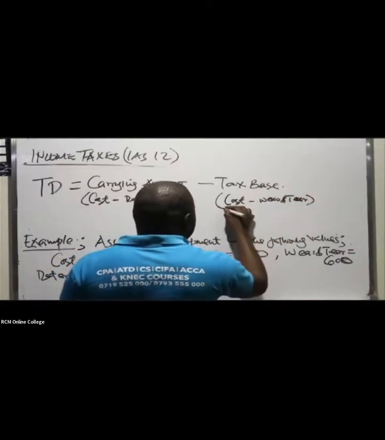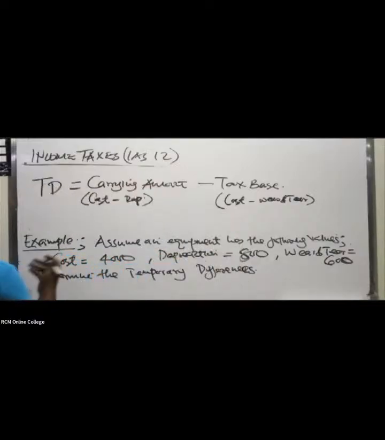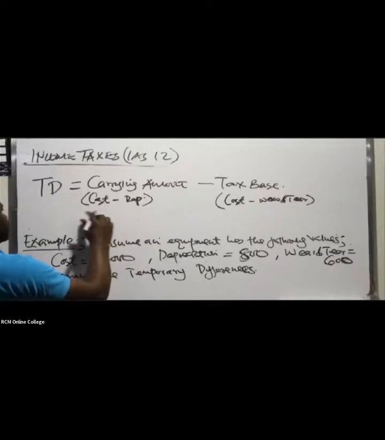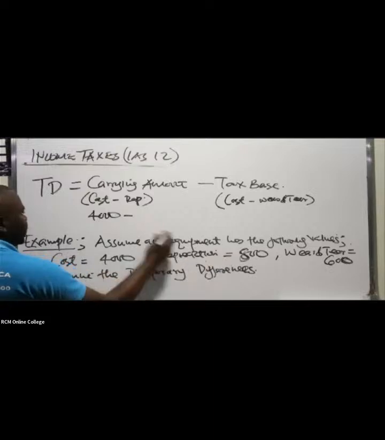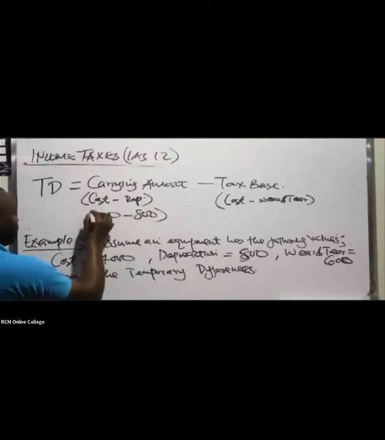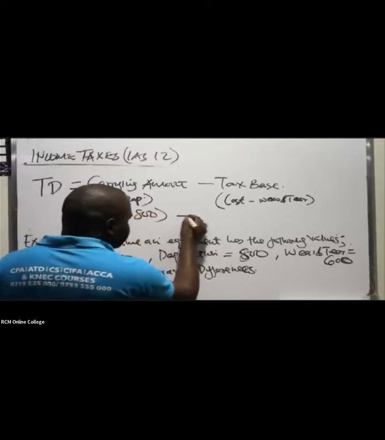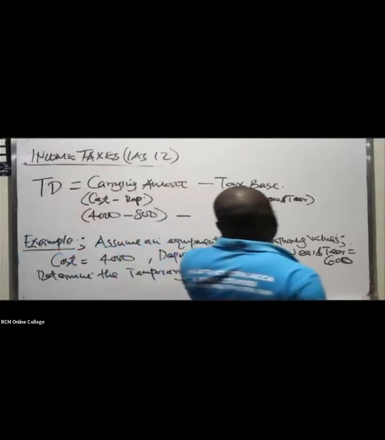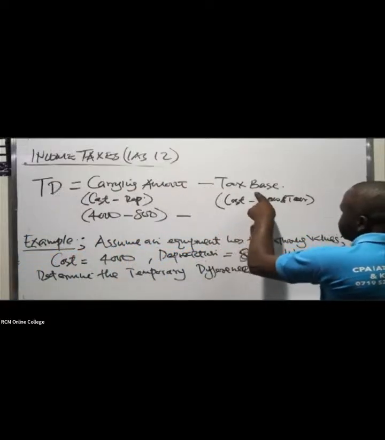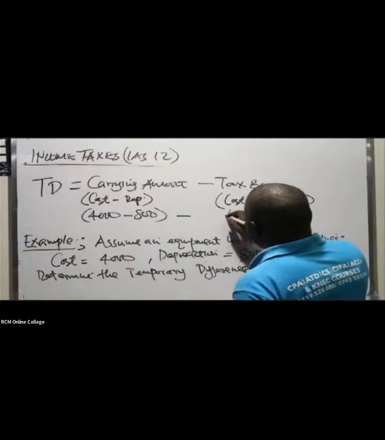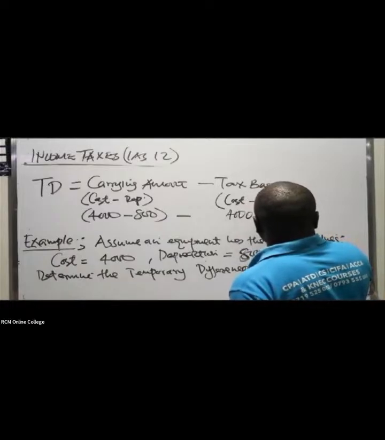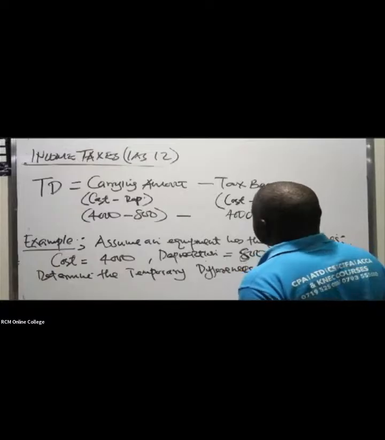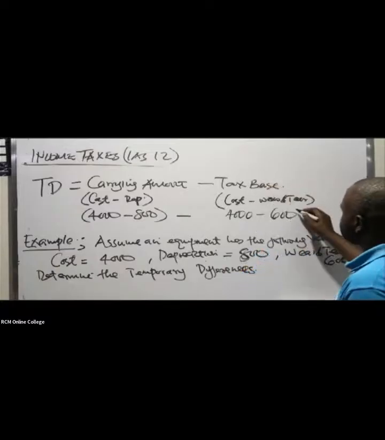So to get the temporary differences, we take the carrying amount: 4,000 minus depreciation, which is 800. Then we minus the tax base, which is what the taxman considers: 4,000 minus 600.